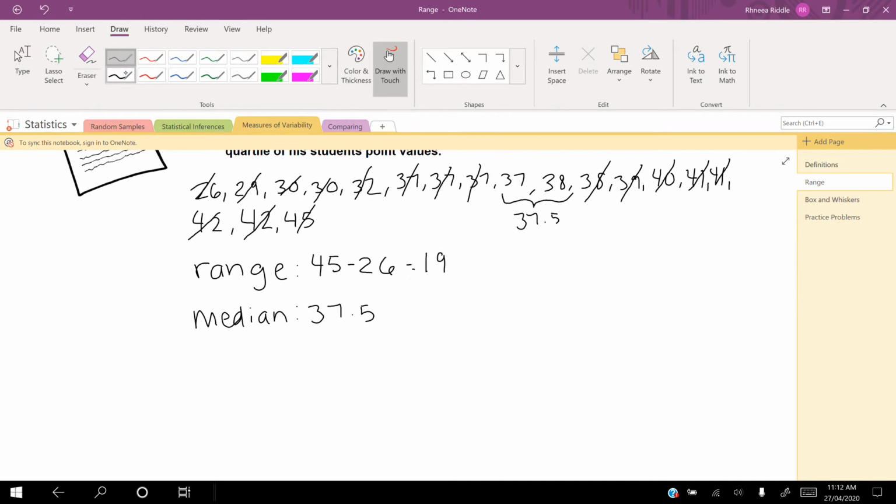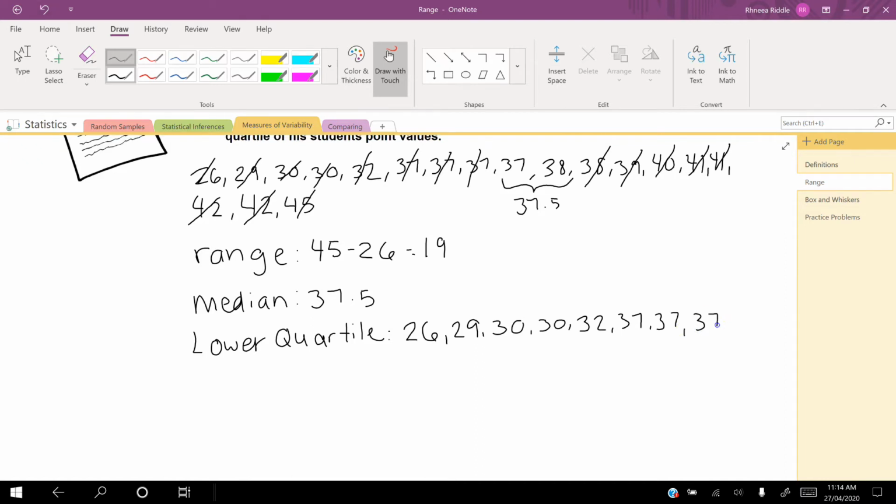So lower quartile, we have the numbers 26, 29, 30, 30, 32, 37, 37, 37, and 37.